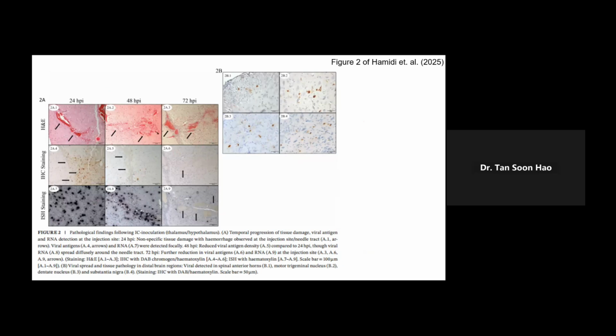Briefly, 24 hours is here, then 48 and 72, supported by H&E, IHC immunostains for the viral antigens, and ISH, in situ hybridization stains, for the viral RNA expression. All these have shown that at the injected sites, the viral antigens and viral RNA are both cleared off at the later time point.